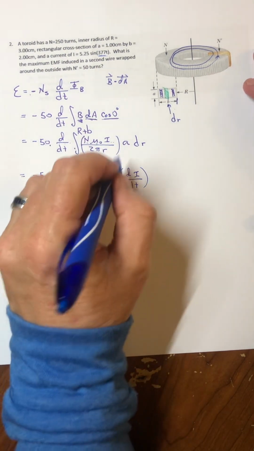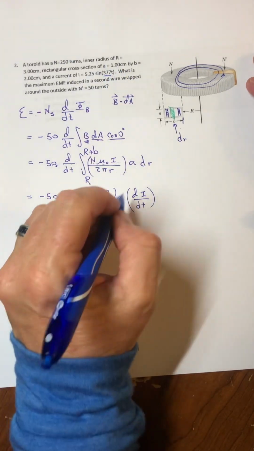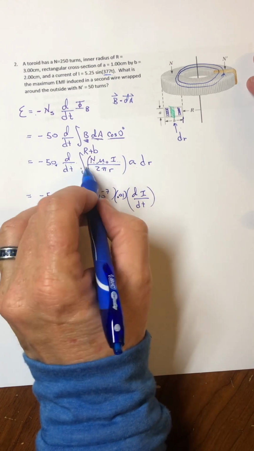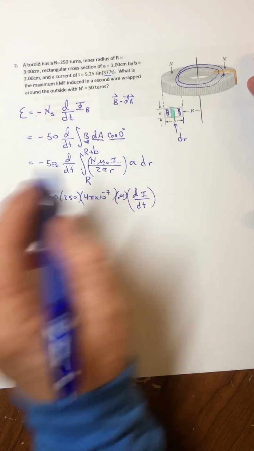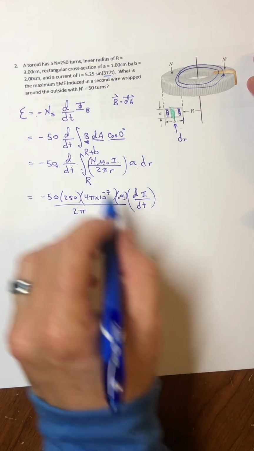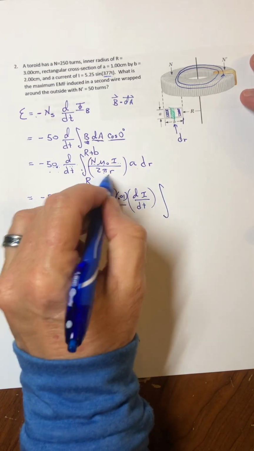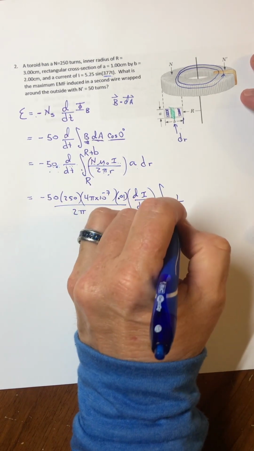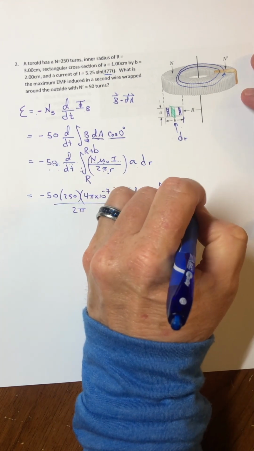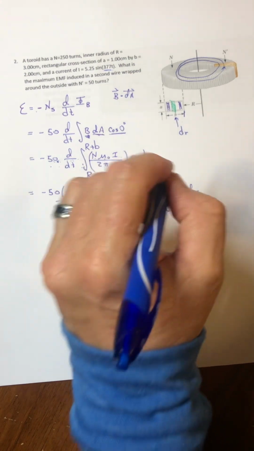Now, A can also be pulled out, and I think A was 1 centimeter, so 0.01 can be pulled all the way out in front of the integral and the time derivative. Likewise, 2 pi can be pulled out in front of the integral and the time derivative, but it has to stay within the integration. That's the only thing that has to stay there.